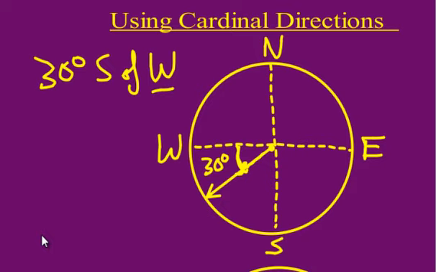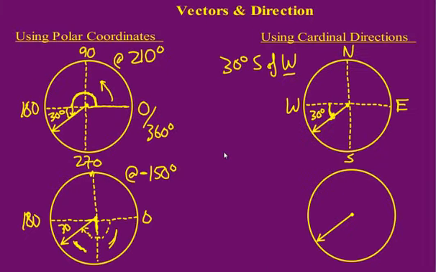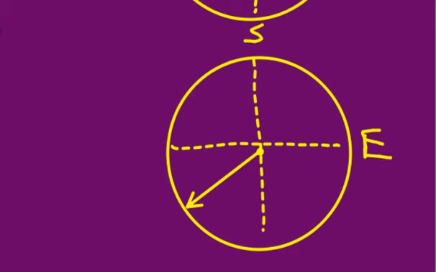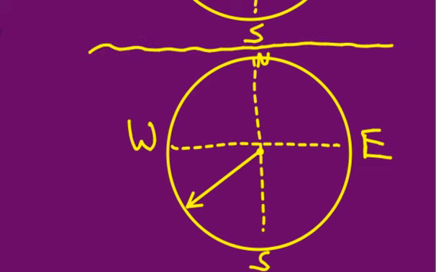But just like in the case of polar coordinates, I can go the other way. I can come up from the south. So let's see what that looks like. I've got the same directions here again, east, west, north up here, and south. Maybe draw a little separation line here. This angle is still 30 degrees, but now I'm going to come up from the south.